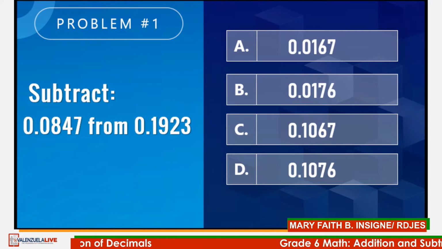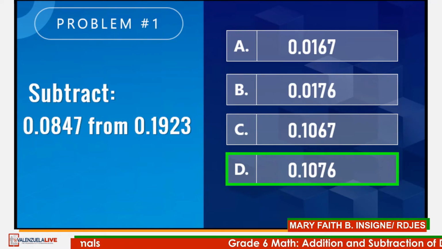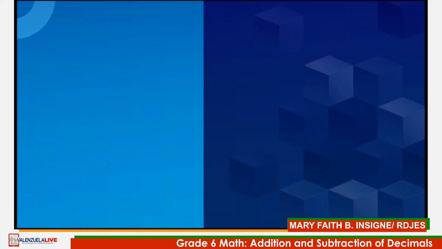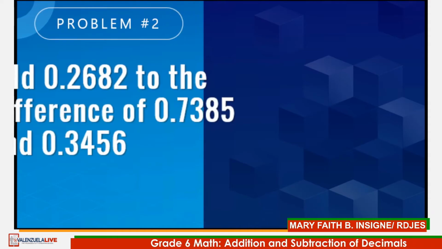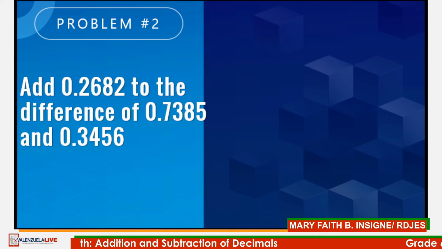Time's up. The correct answer is letter D, 1,076 10,000s. For the second problem, we have add 2,682 10,000s to the difference of 7,385 10,000s and 3,456 10,000s.